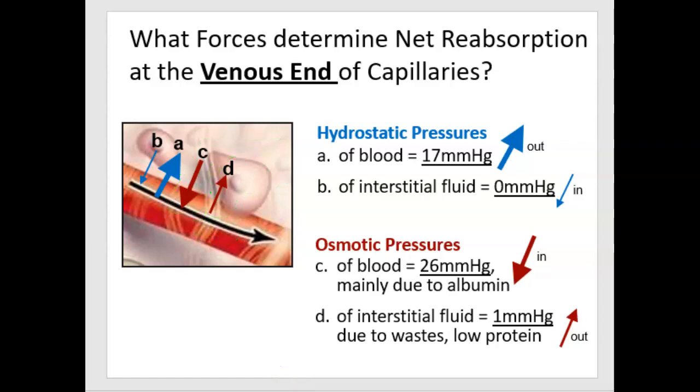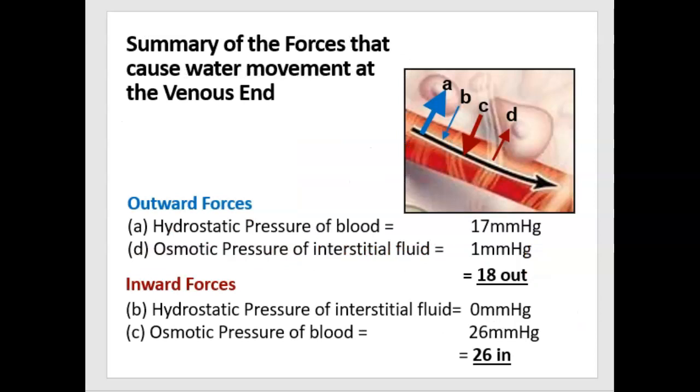So just like we did at the arterial end, we're going to summarize all these forces by figuring out which ones are outward forces and which ones are inward forces and what the values are. So we're at the venous end of the capillary bed, and there are 2 outward forces for water to move. One is still hydrostatic pressure of the blood, or blood pressure. It's lower though, it's not 35 now.